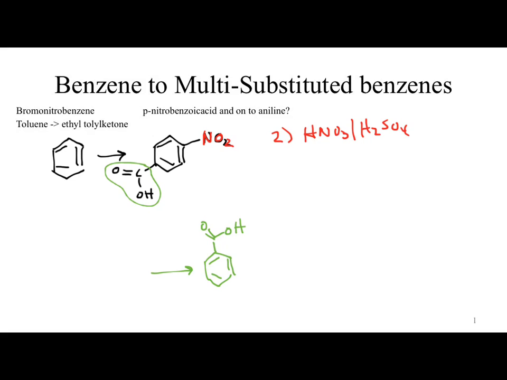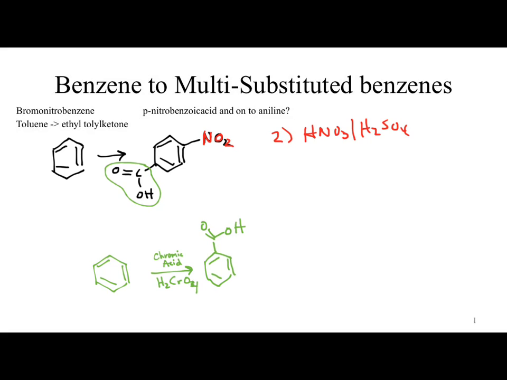Where did the benzene ring come from? It had the CRRH attached. Oh, it was a benzyl. There we go. You're absolutely right.